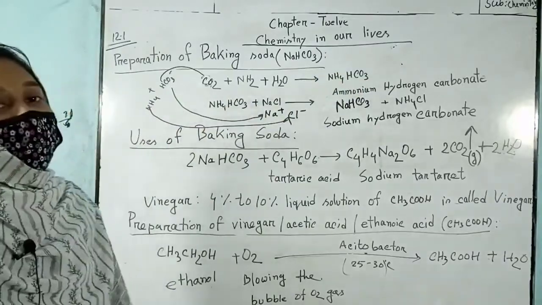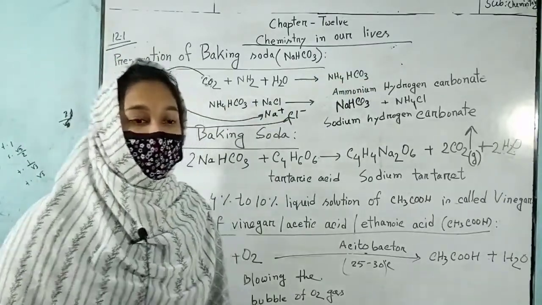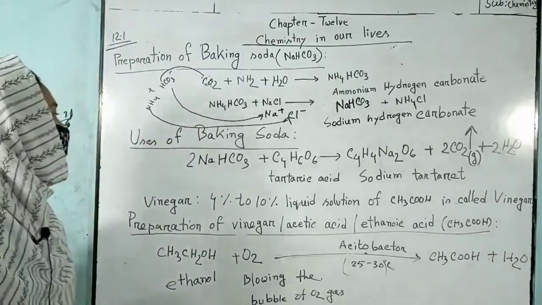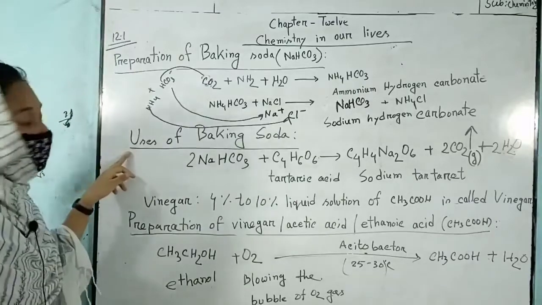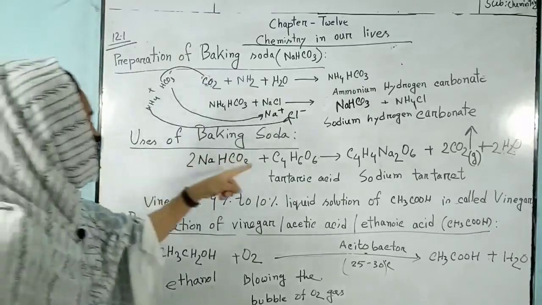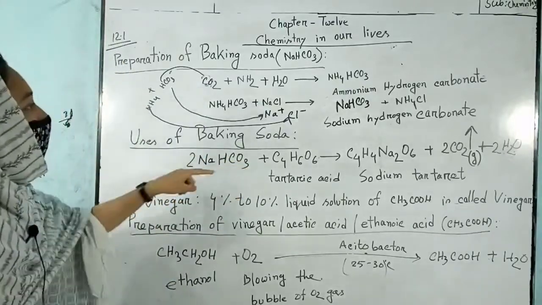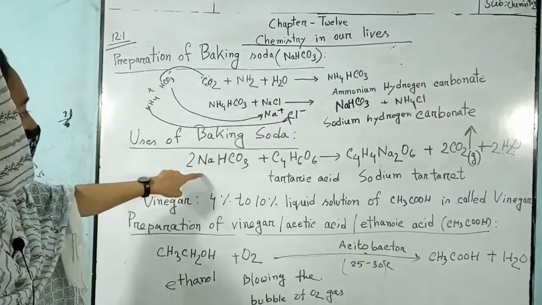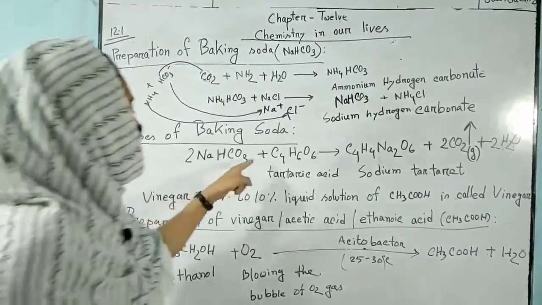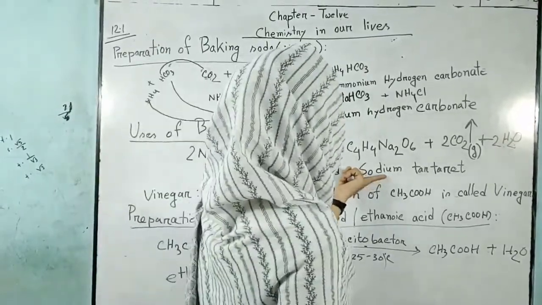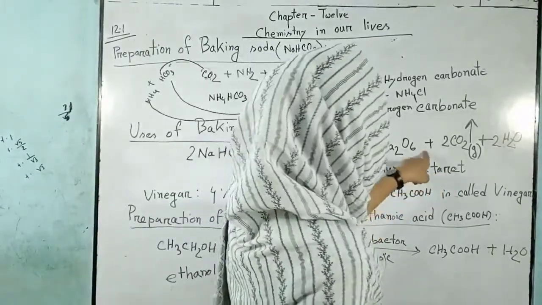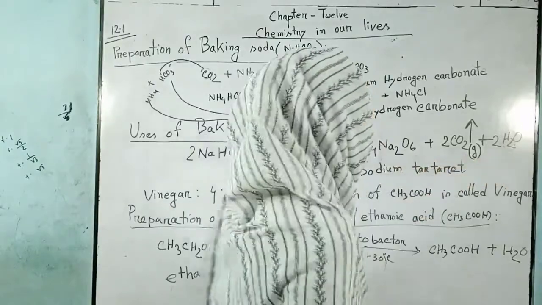We can use baking soda in our daily life. Now let us discuss the use of baking soda. Sodium hydrogen carbonate reacts with tartaric acid and we produce sodium tartrate, carbon dioxide and water.